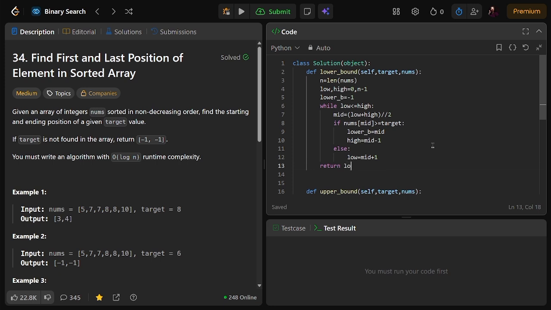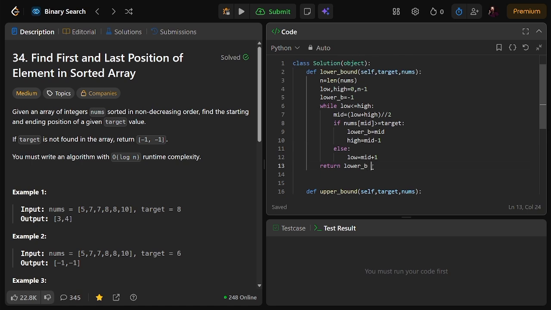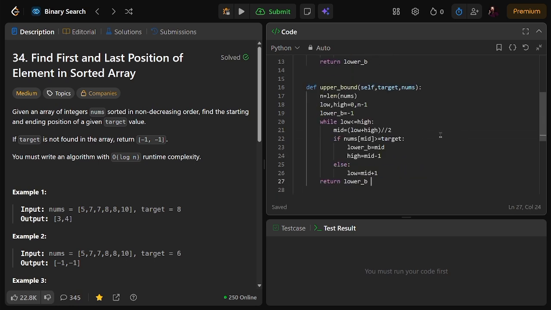and at the end we're going to return lower bound, right? So everything is the same for upper bound. I'm going to copy this code and paste it here, because everything is going to be the same. All you need to do is change it. Here we have to do upper bound. I'm going to take upper and also low, and we have to remove the equals to here, only strictly greater than, right?